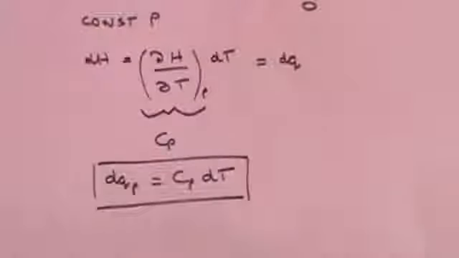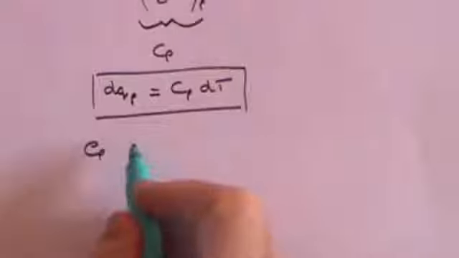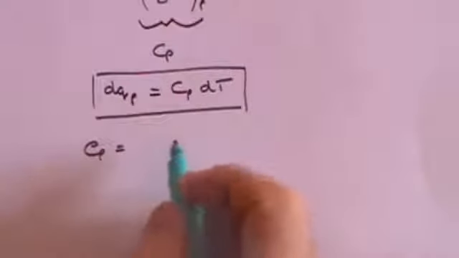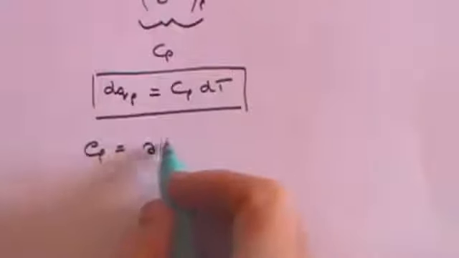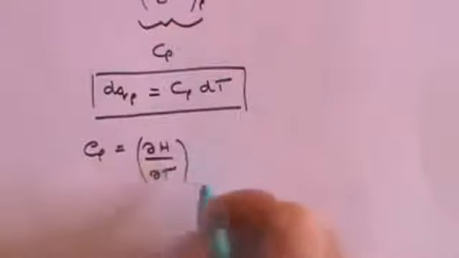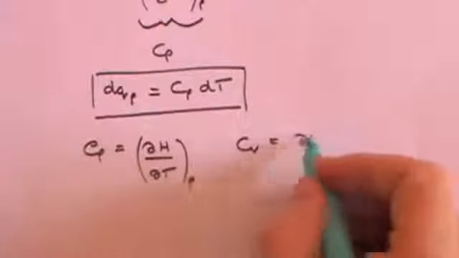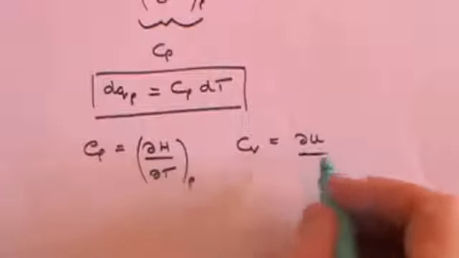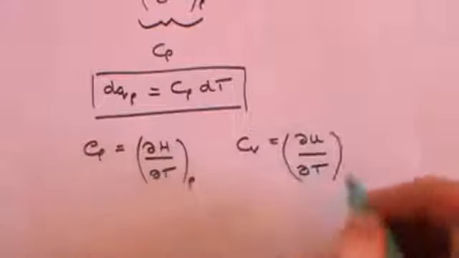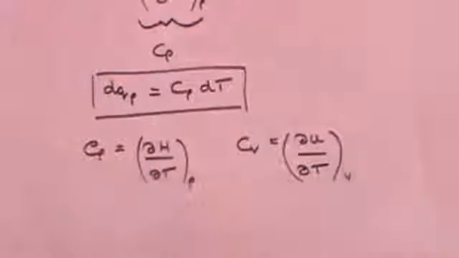And that's a formula we'll need later as well. So just to remind you what we've just discovered, the heat capacity at constant pressure is the partial differential of enthalpy with respect to temperature at constant pressure, and the heat capacity at constant volume is equal to the partial differential of the internal energy with respect to temperature at constant volume.